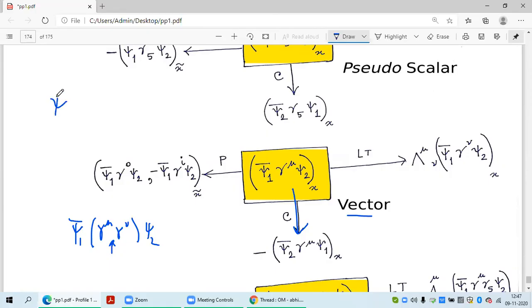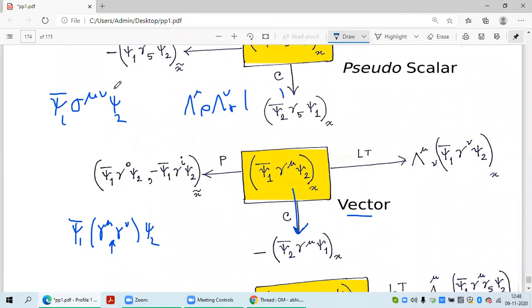No, not that much. Generally, these things do not appear too much in the Lagrangians we will encounter. This Lorentz transformation is a tensor. If you do the Lorentz transformation, it will be like lambda mu rho, lambda nu sigma, into the same thing with rho sigma.